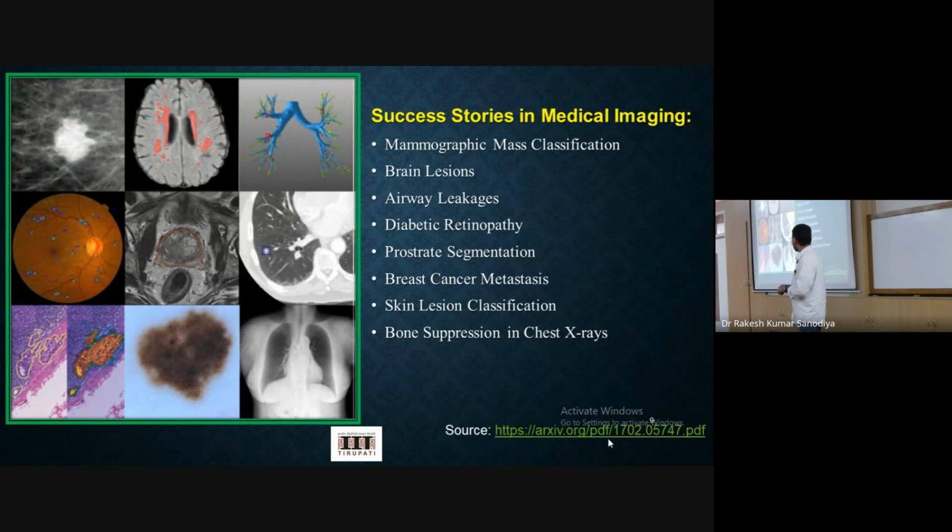This is where mammography images tell whether a tumor in the mammographic images is benign or malignant. They're able to get results matching what a doctor does. And this is related to lesions in the brain, multiple sclerosis they call it. This has a very good data set, by the way.